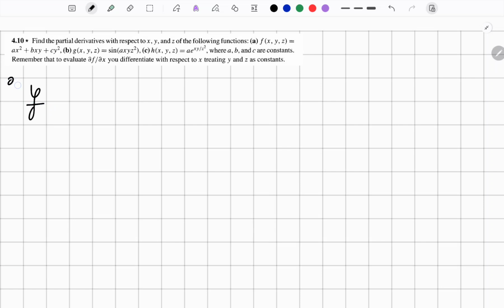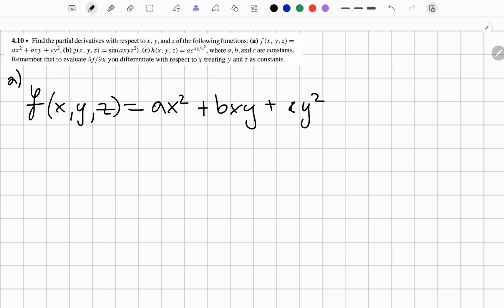So for a, we have our function of x, y, and z. It's ax squared plus bxy plus cy squared. And the notation is going to be del f over del x is going to be equal to, here it's just going to be 2ax.